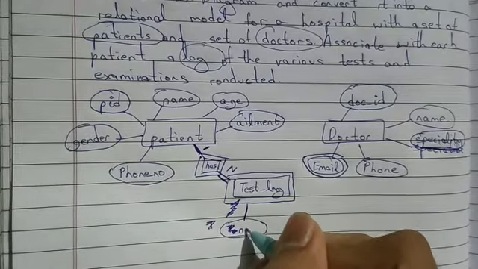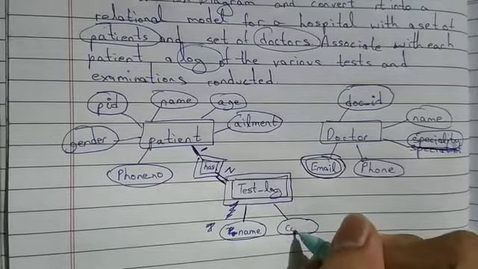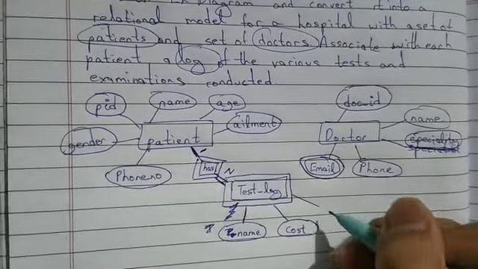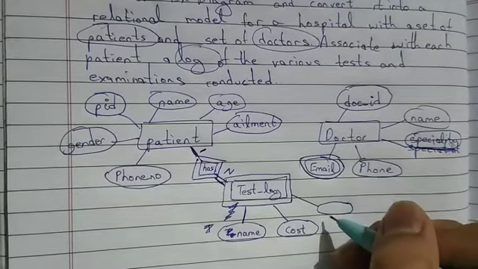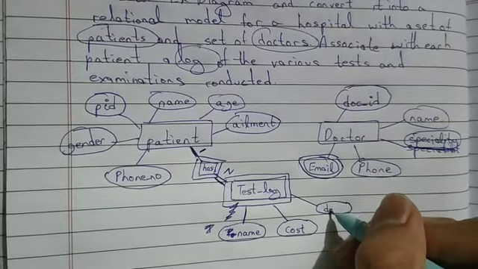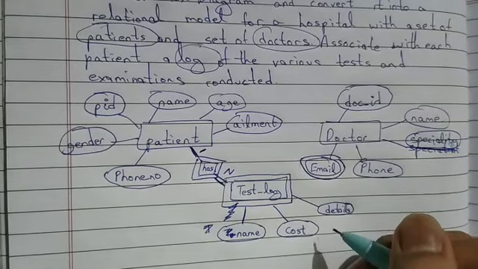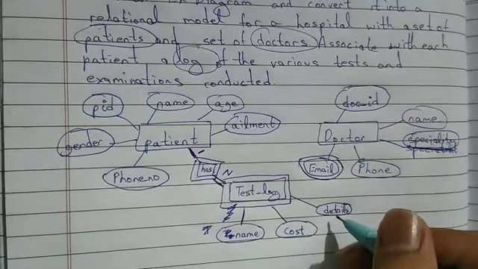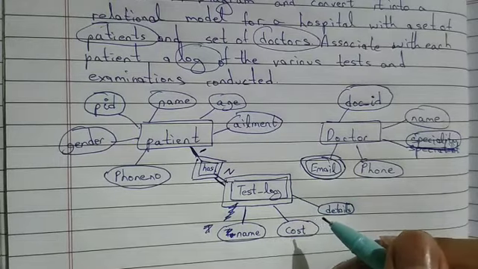So we could just write name of the test, then perhaps the cost of the test, and the test details, for example. Yeah, I guess that should be good.